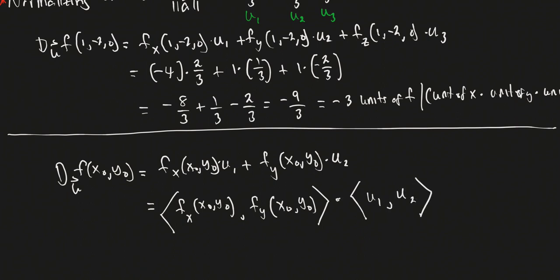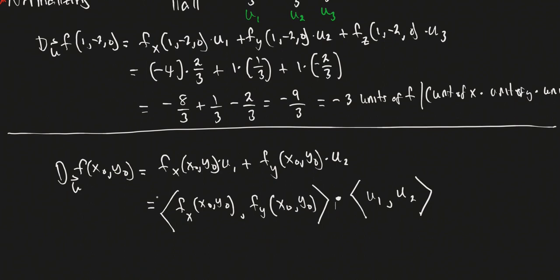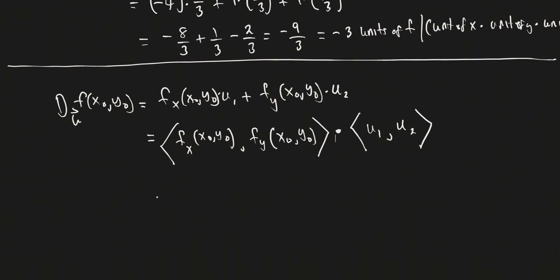And if I find the dot product of this vector with this vector, I'll get exactly the same expression there. So it's the same set of operations, but it gives us another way of denoting a directional derivative.